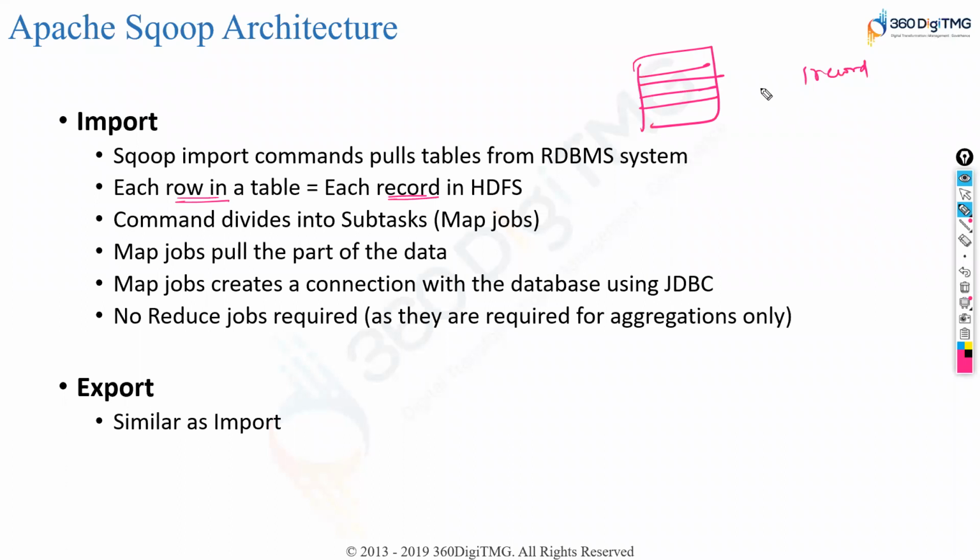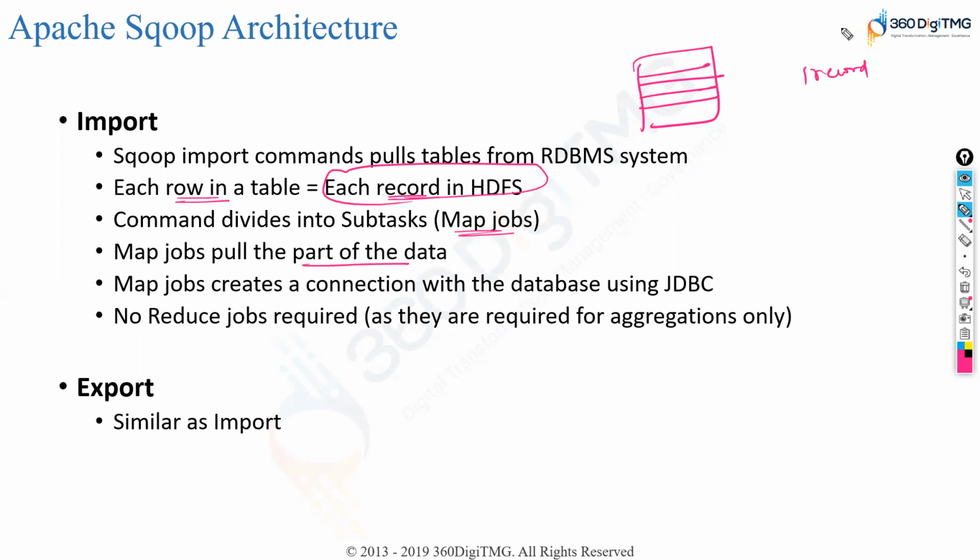Now, when you write the import command, this command is getting divided into map jobs, right? Based on the size of the key-value pair data that we are going to define, each map job is trying to pull that part of the data for your HDFS records.